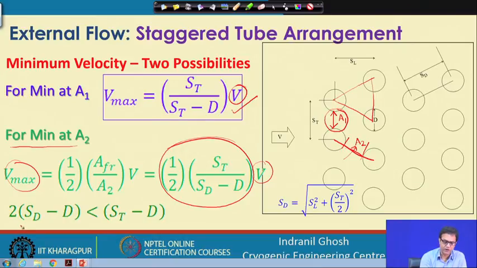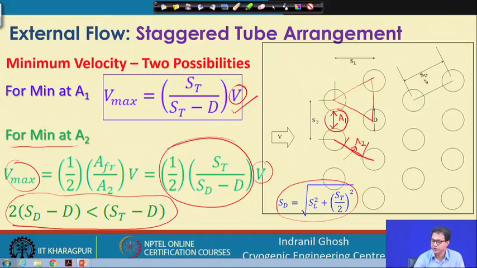And one of the criteria for V_max occurring at A_2, we have estimated to be 2(S_d minus d) less than (S_t minus d), where S_d is the diagonal pitch, and by ordinary Cartesian geometry it can be related to the longitudinal pitch and the transverse pitch by this relation.